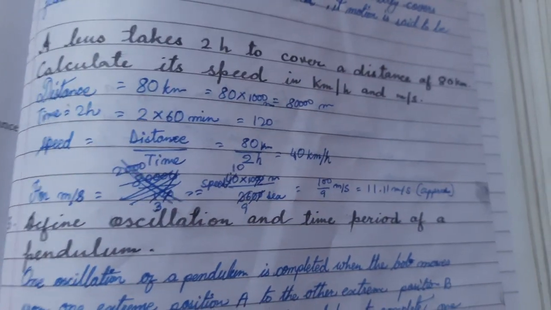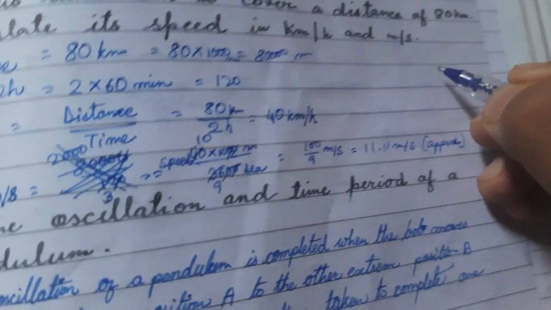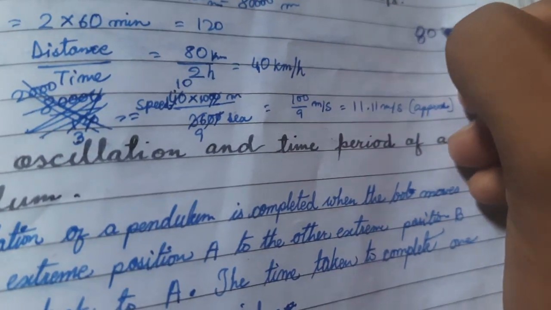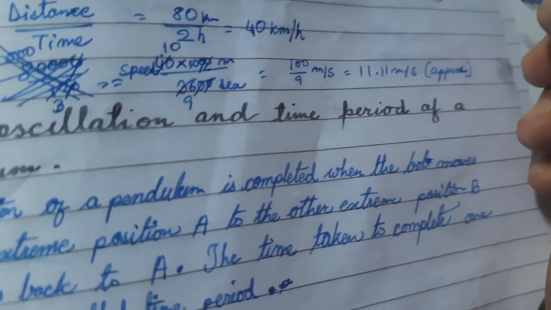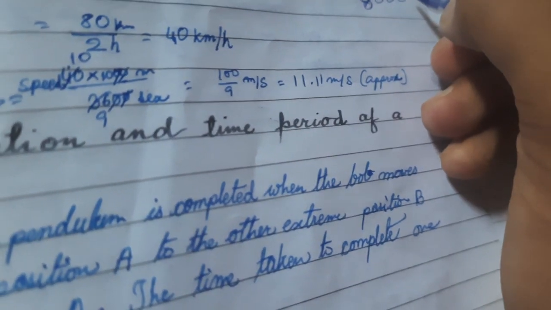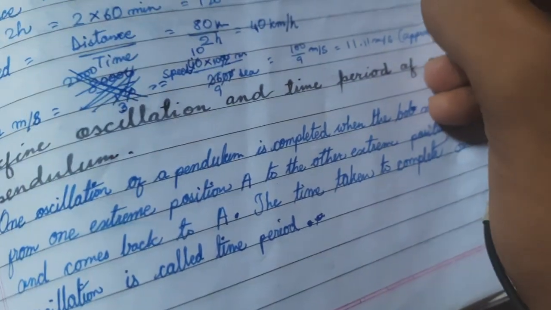Or in another way, take the distance 80 kilometers and convert it into meters, which is 80,000. Now convert 2 hours into seconds. 1 hour means 3,600 seconds, so 2 hours is 7,200 seconds.